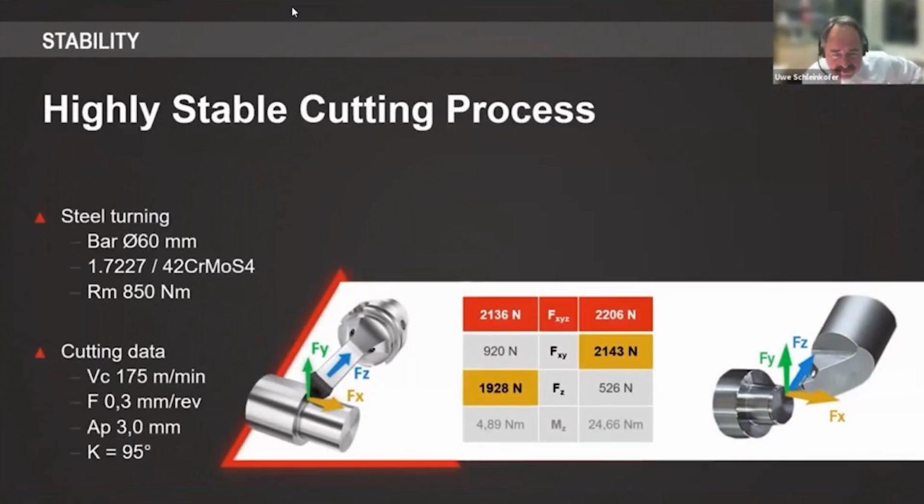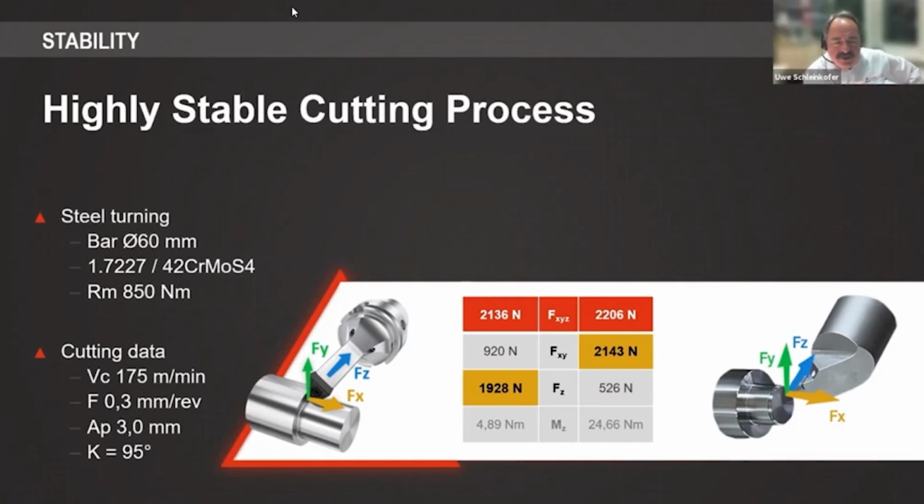In the red field of the table, you see the resulting cutting forces out of every axis. It's not really surprising that the cutting forces for both systems are basically the same when you use the same cutting data. So this is clear. But the interesting point is that the FZ, the blue arrow, which means the main cutting force inside the tool, is completely different.